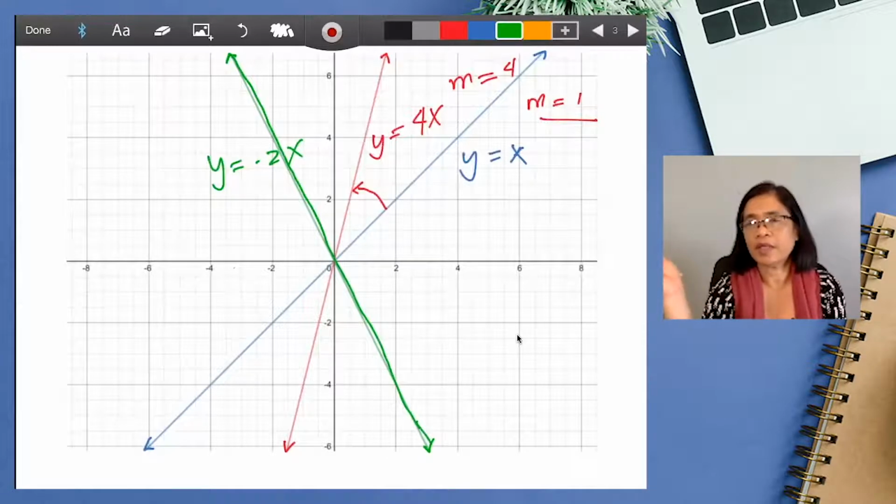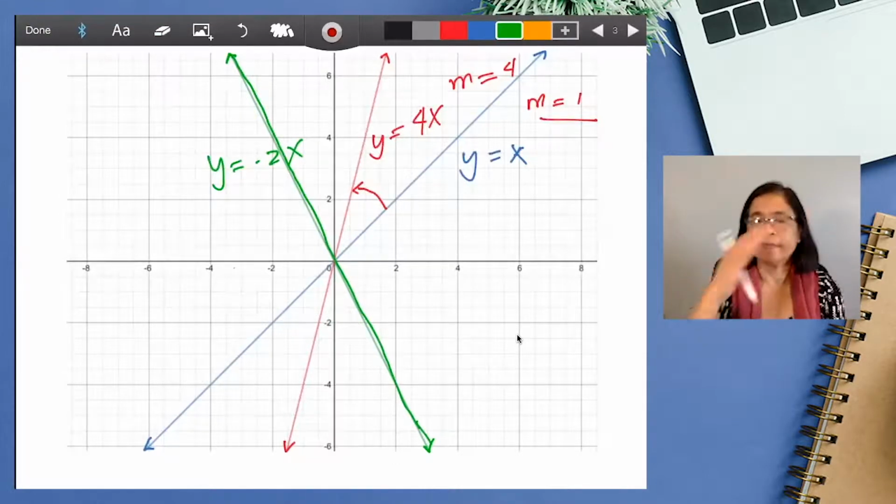As you increase it from 1 to 4, the line becomes steeper, and when the slope changes from positive to negative, the line changes from rising to falling.